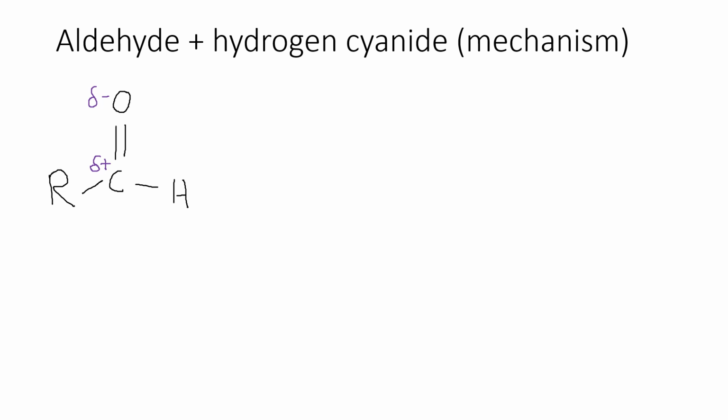Now hydrogen cyanide, HCN, is an acid and it dissociates into H plus ions and cyanide ions, C triple bond N minus. And it's this cyanide ion that's going to act as the nucleophile.